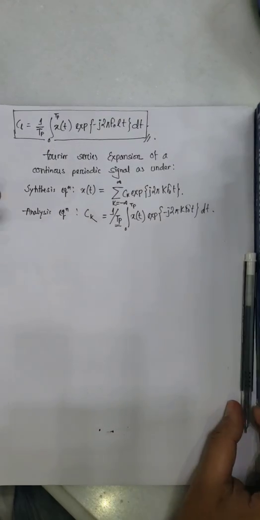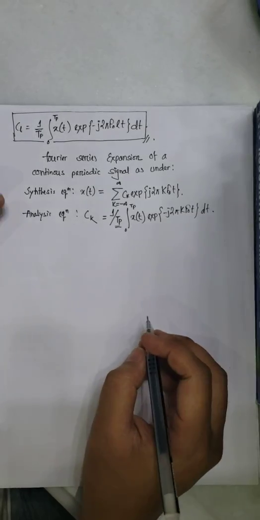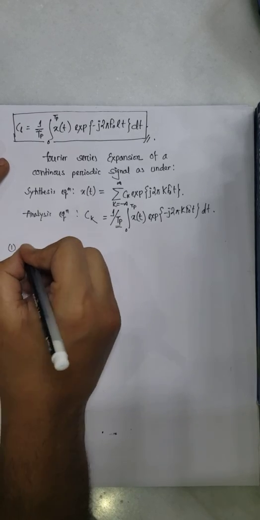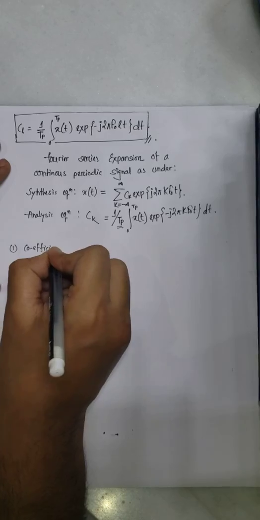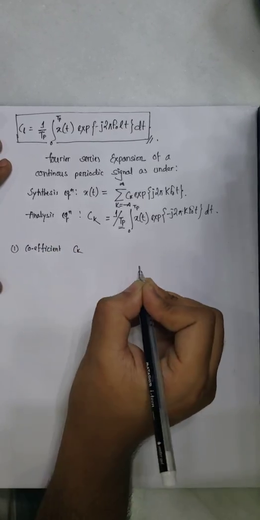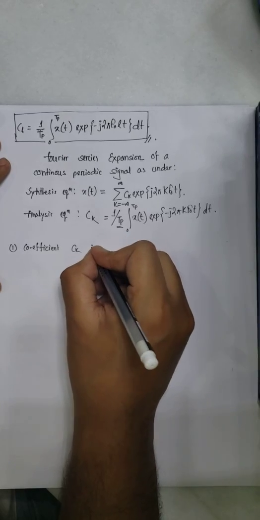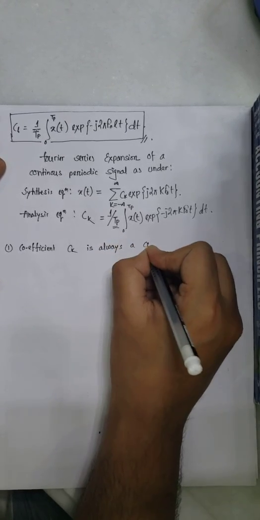Now in doing so, we must come to the following assumptions. Number one, the coefficient c of k, as you have seen from this part, is always a complex number.